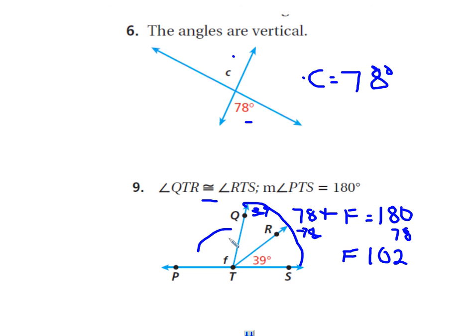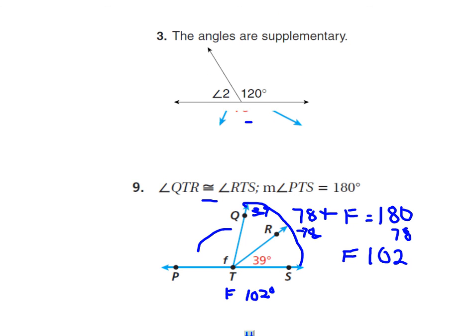So angle F is 102 degrees. We can use some deductive reasoning to find these measures and our knowledge of supplementary and complementary angles. In this case, we use supplementary.